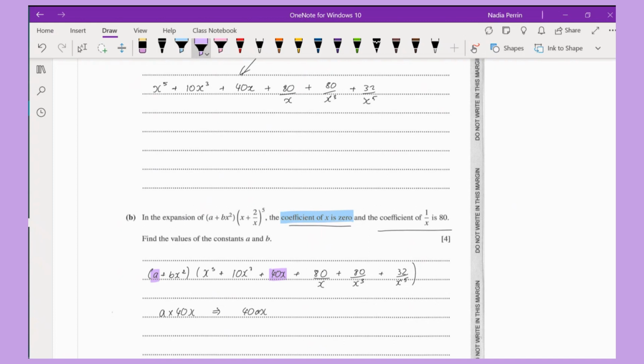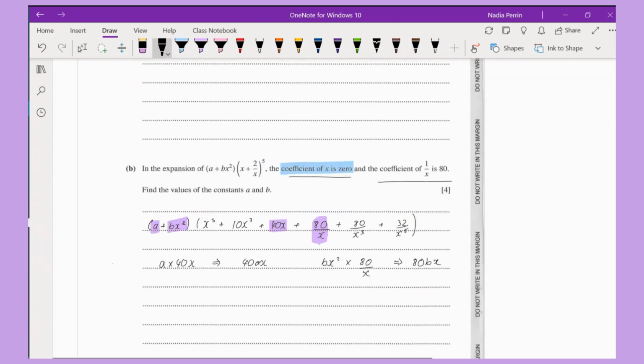The other way I could get x is if I take this one and times it by this one, because x squared on the top and x on the bottom is going to cancel out. So bx squared times 80 over x. The x squared is going to cancel out with one of those, and I'm going to end up with 80bx.